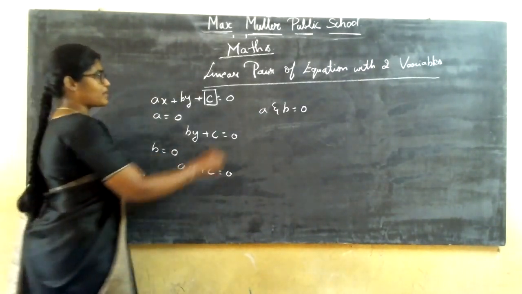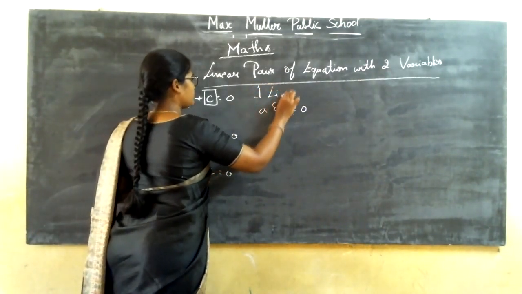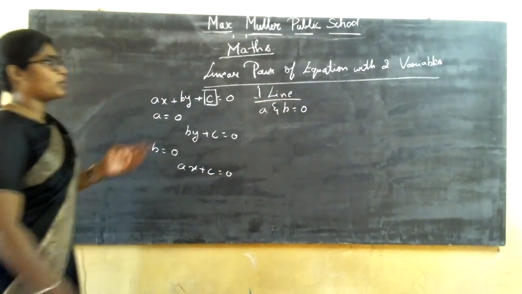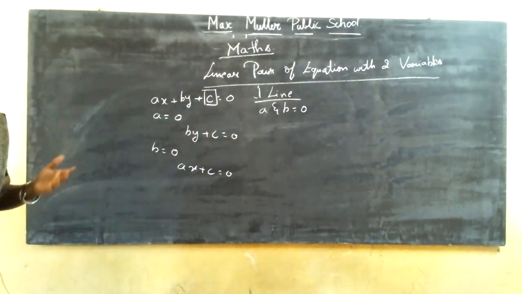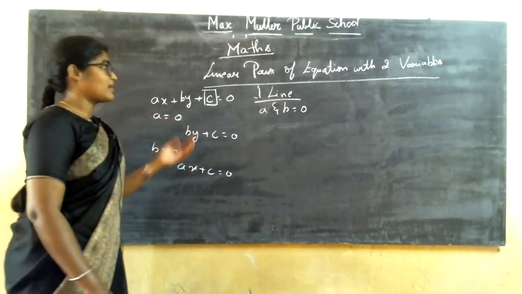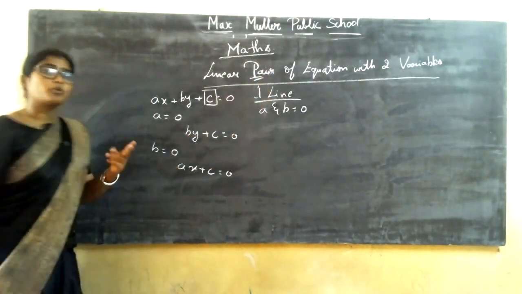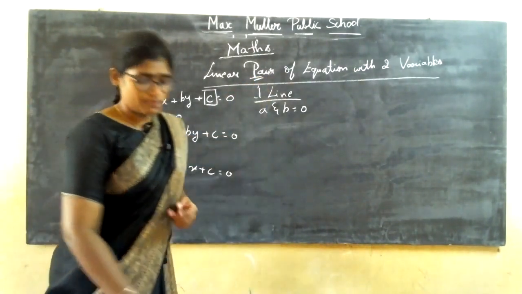This is completely based on one line, when you have only one line. The pair of linear equations, as the name says, means you will have a pair, that is 2 lines. With the 2 variables, x and y, you need 2 equations which represent different lines.